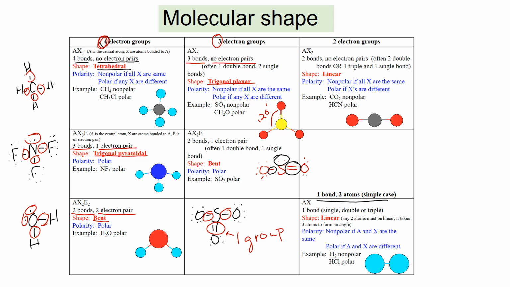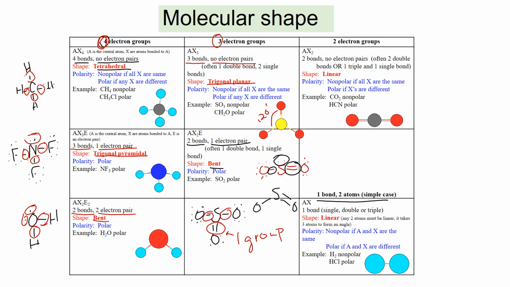So what we ended up with is two bonds, even though one's single, one's double, it's still two bonds, and one electron pair. That shape is still based on the trigonal planar shape, but if we removed one of those atoms, we would have something that looks like this. I don't have a structure. This is also called bent, just like the water molecule.